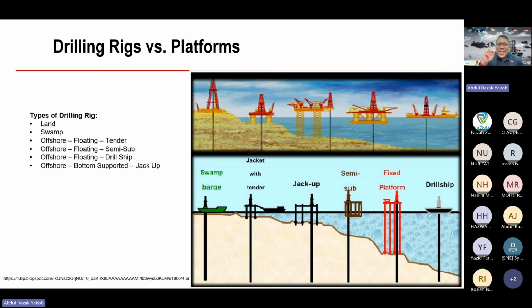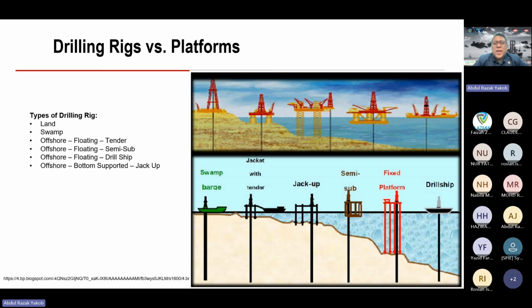Okay, let's take a look at the drilling rig first. There are many types of drilling rig. You have land rig, swamp rig, and floating types: tender, semi-sub, drill ship, and also the bottom supported jackup. If you see something that looks like a ship, then it is a drill ship.